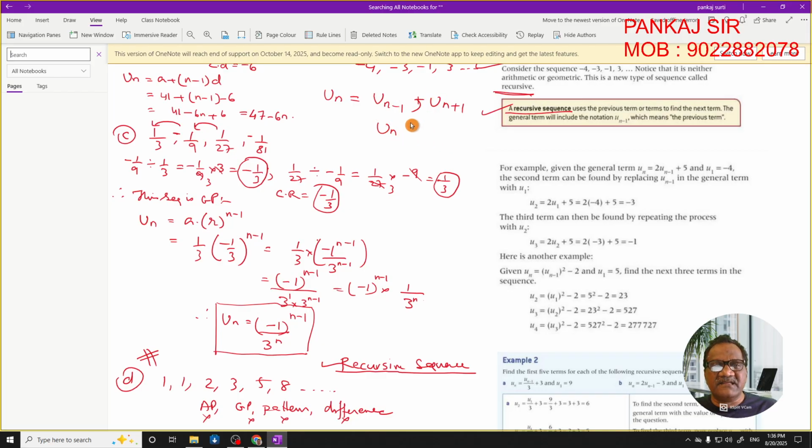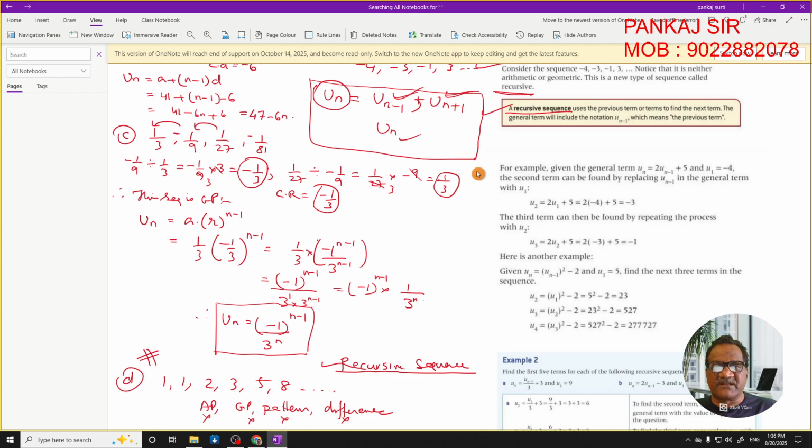These types of notations you will find in the general term, which so far you were not observing. In the general term of an AP or GP, you never saw these terms, right? But now in the general term of a recursive sequence, you may see this or this.